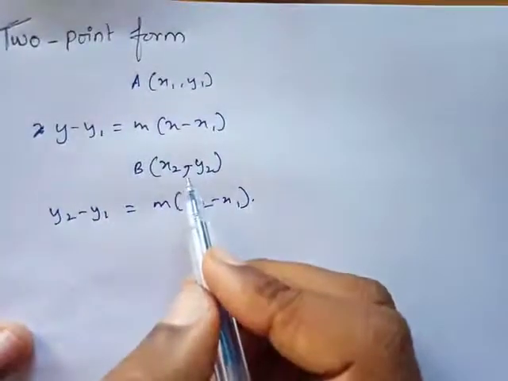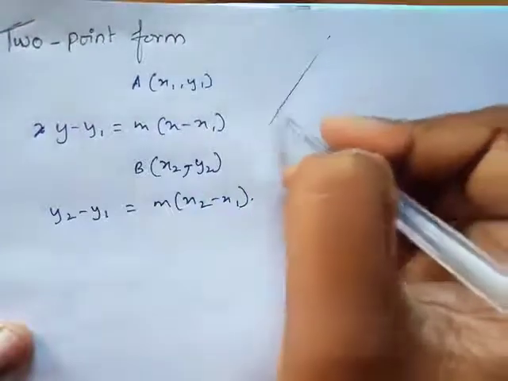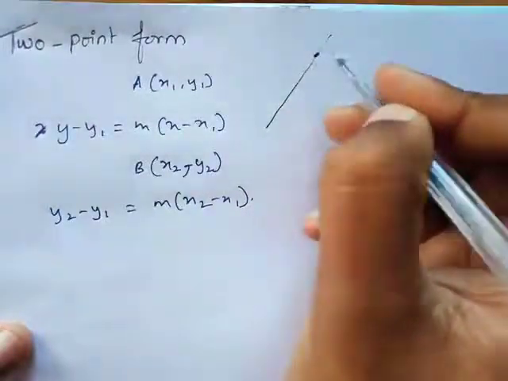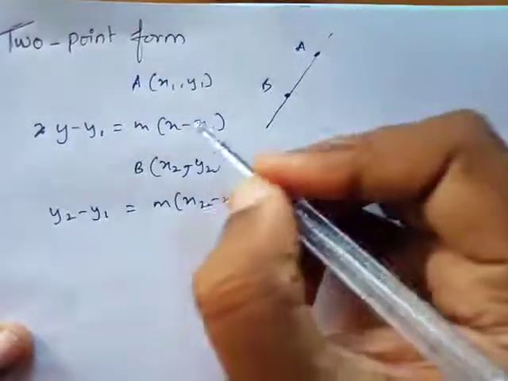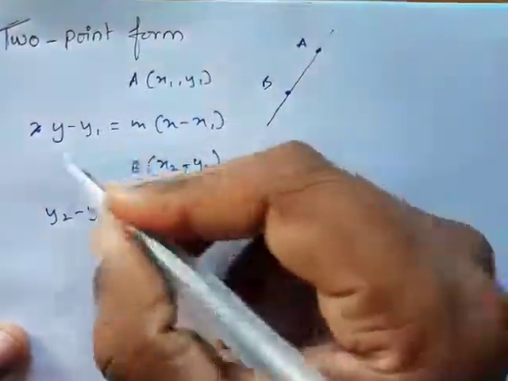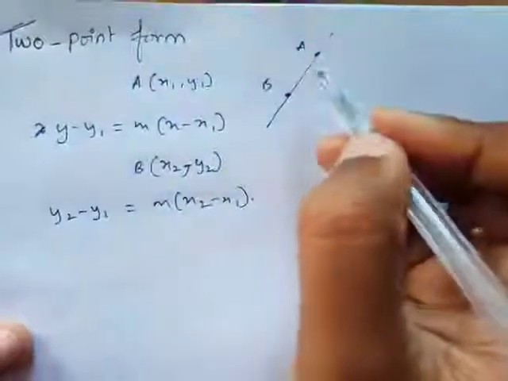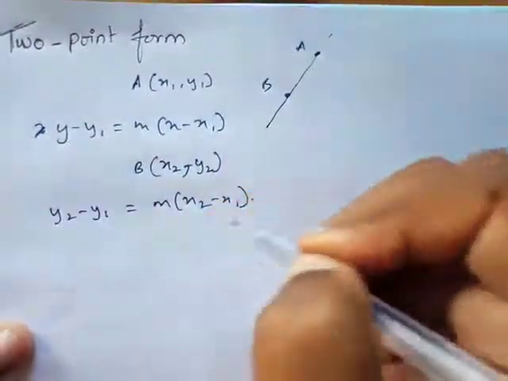So it's the same line passing through 2 points, one it's passing through point A, the other through point B. When it's passing through A, this is the equation that I'll be making. But when it's passing through B, this is the equation.